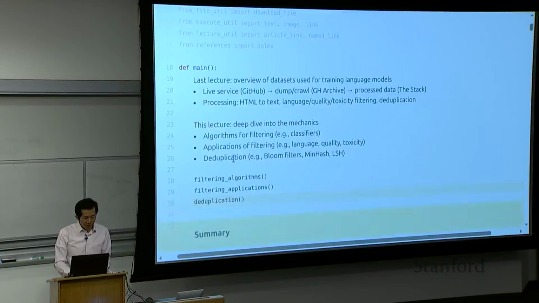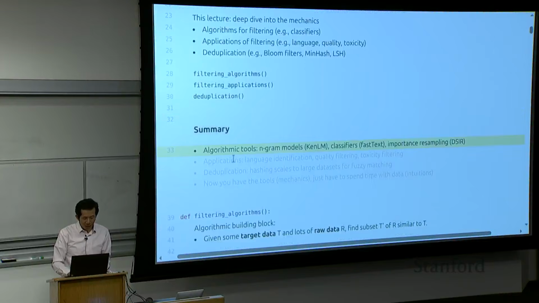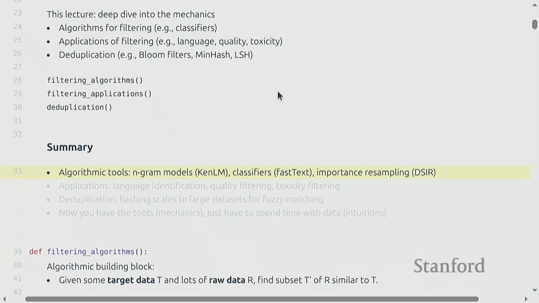Okay, so let's summarize. This lecture was mostly about giving you algorithmic tools. So we looked at n-gram models, linear classifiers, and importance resampling as ways to do filtering. And with filtering, you can do language identification, quality filtering, toxicity filtering, anything, I guess, where you have a target data set and you want to get more of that data set, then you can apply these tools.